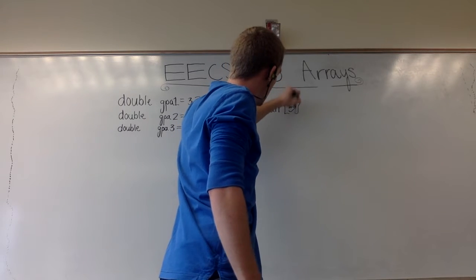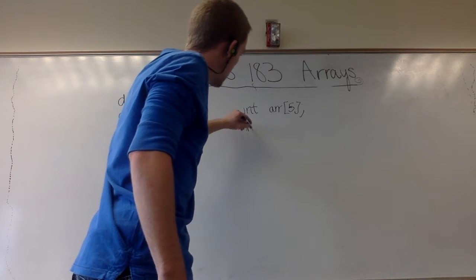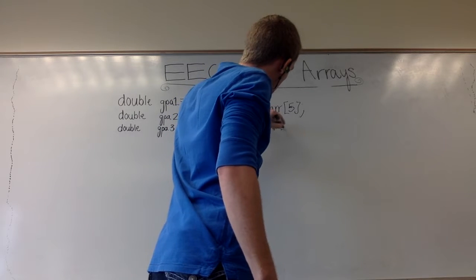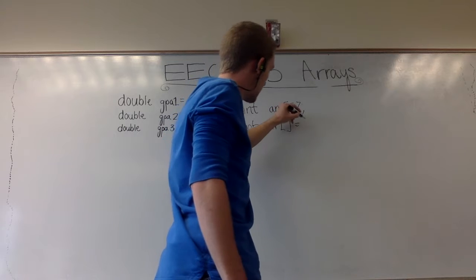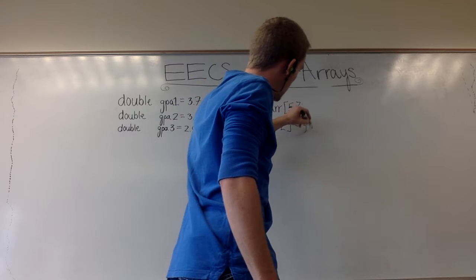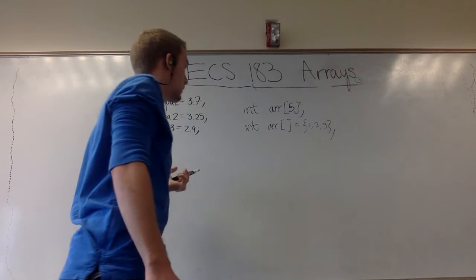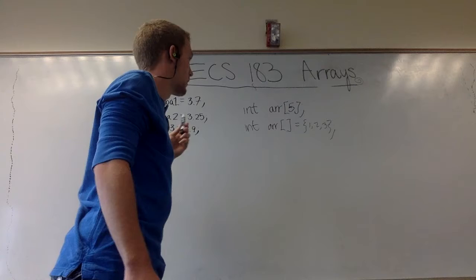So say 5. Or another way to do this is if you don't want to specifically put the size, we could leave it empty and then assign it a certain number of values, and that would implicitly say that the size of the array is 3 elements.